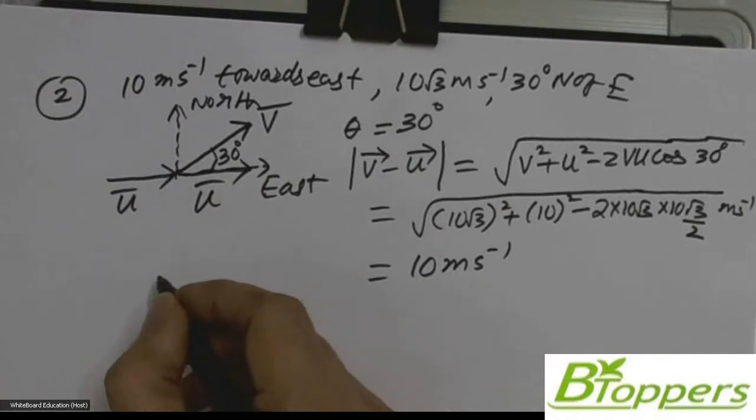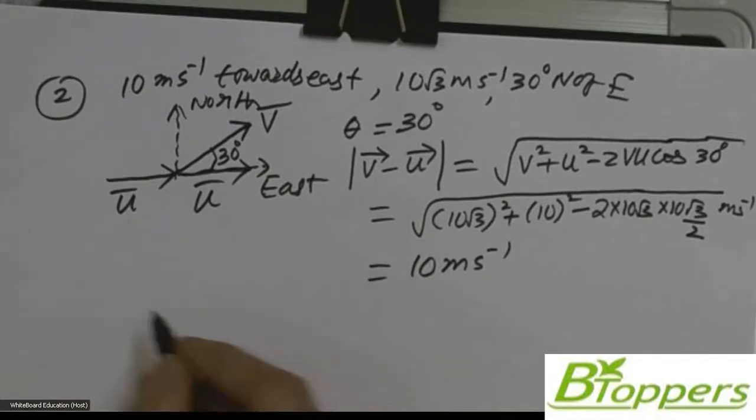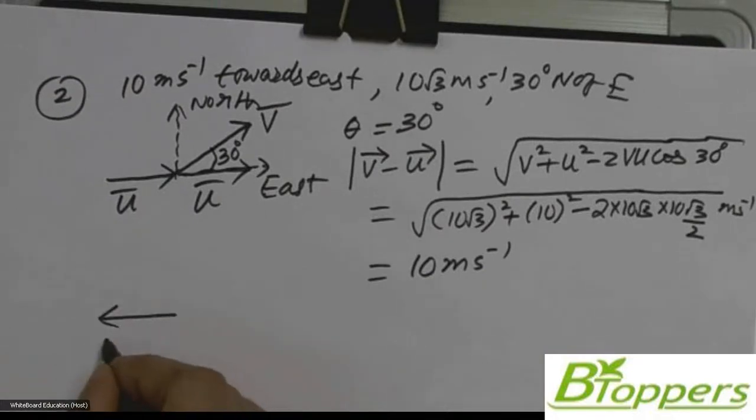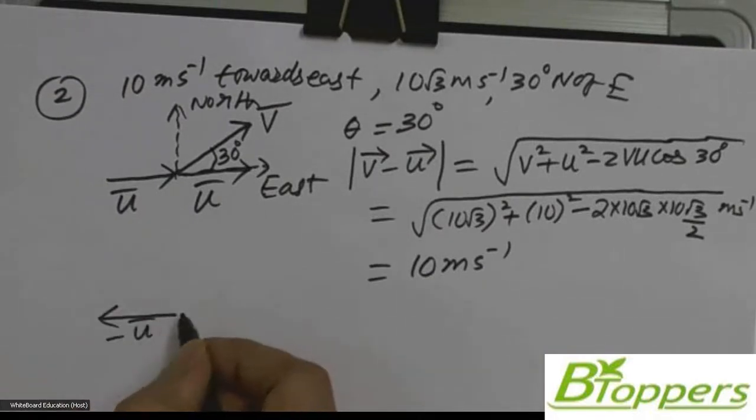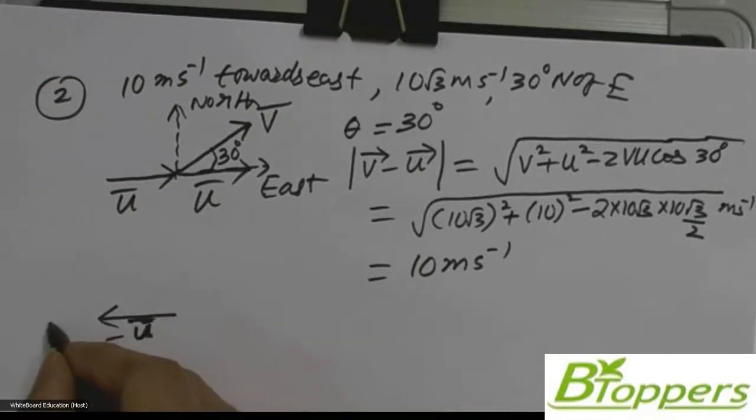So from the definition of negative vector, the vector minus u bar will have the same magnitude as the vector u bar, but acts in the opposite direction. So vector u bar is directed towards east. So vector minus u bar will be directed towards west.